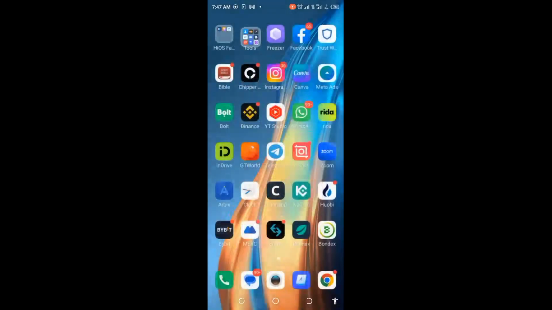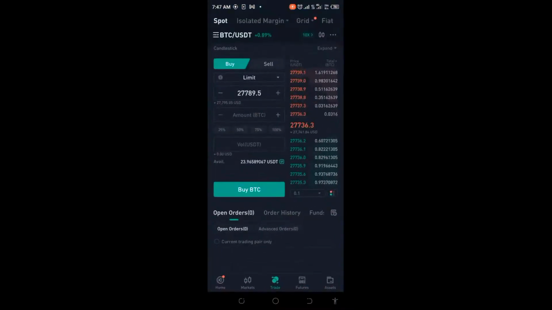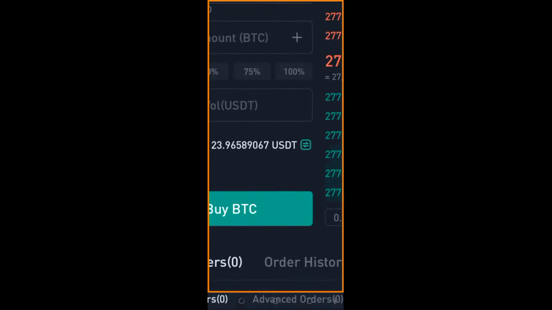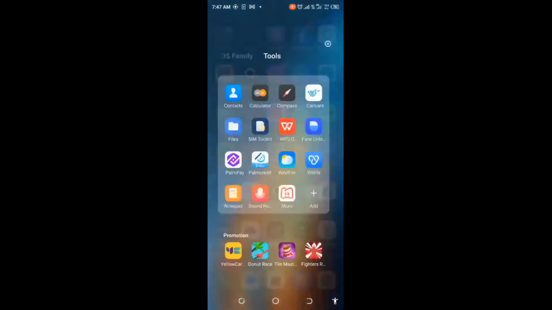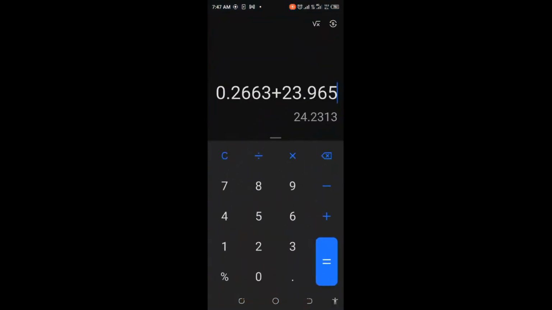We eventually have, let's add our 0.2663 to our 23.9658. What was that? Let me go and check so that we don't put values that are not right. Okay, 9658. I'll just take four figures after that. So 9658. All right.